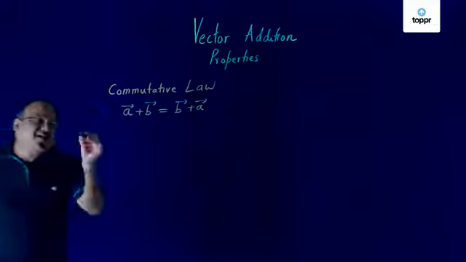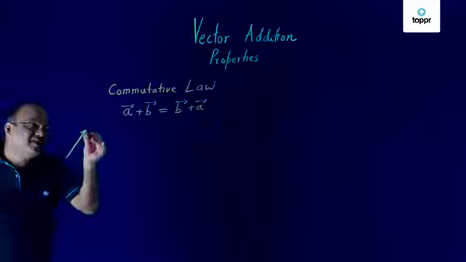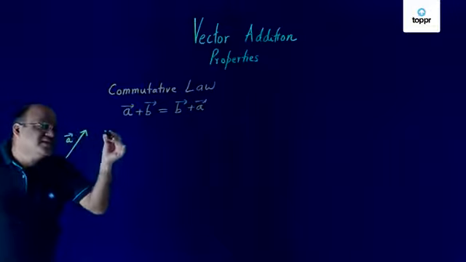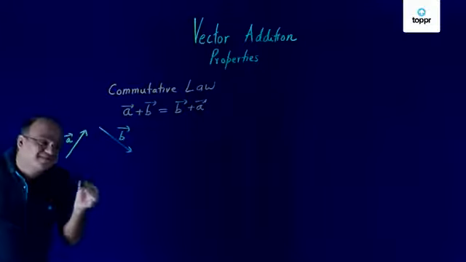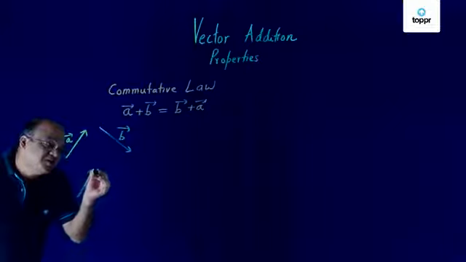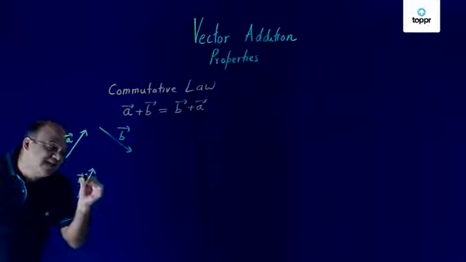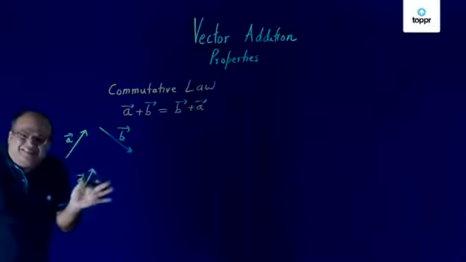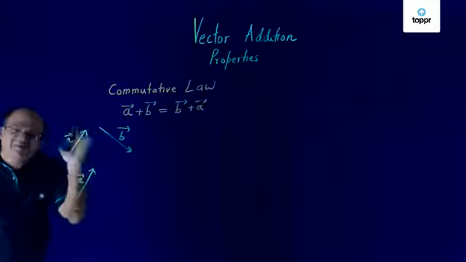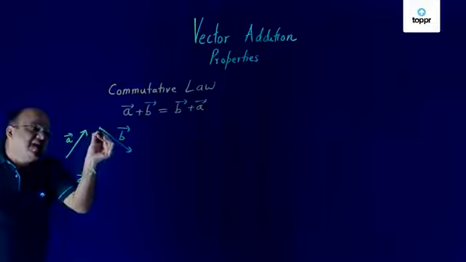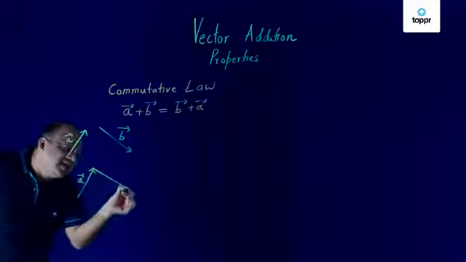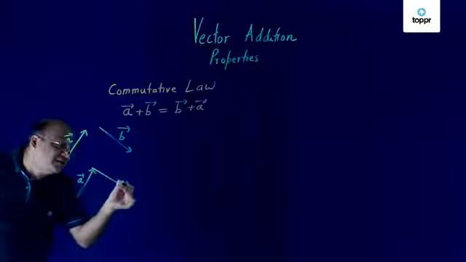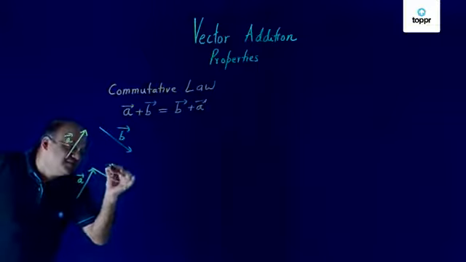Very simple to understand. If this is A vector, this is B vector, we have to add them. So what we do? First we draw A vector as it is. Same like this, right? Parallel, same length. The tail of B we put at the head of A, right? Tail is shifted to head. We draw B vector.